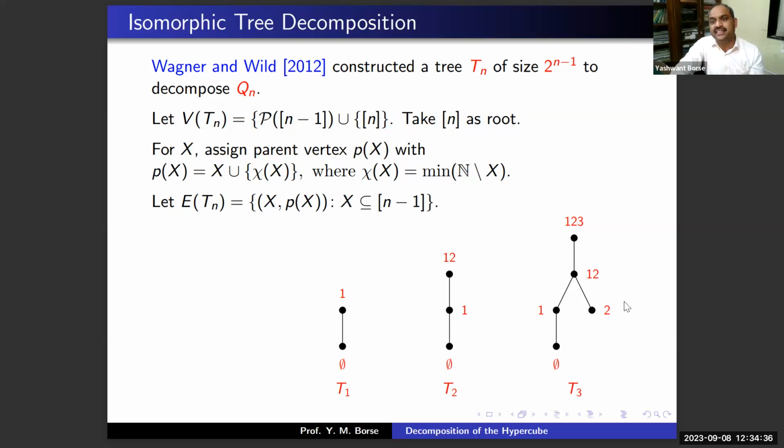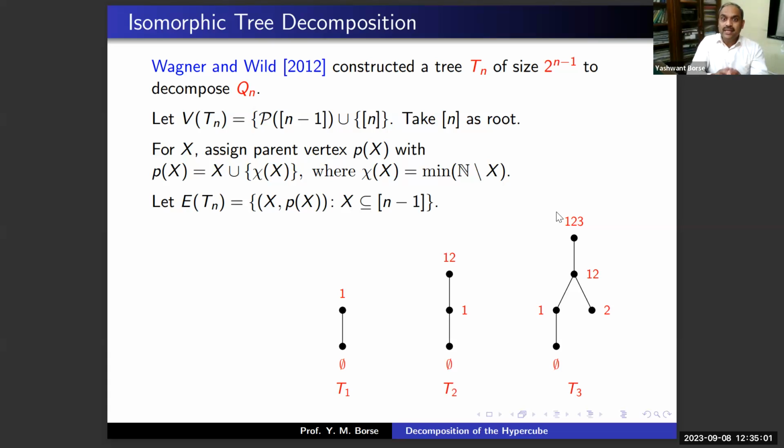For T3 now it is interesting. So empty is adjacent to 1, then 1 and 2 are adjacent to 1, 2, and 1, 2 is adjacent to 1, 2, 3, and this is the final one. This is the root. So this is the tree T3. Similarly, one can define T4, T5 up to Tn. And this Tn has 2 raised to n minus 1 edges.